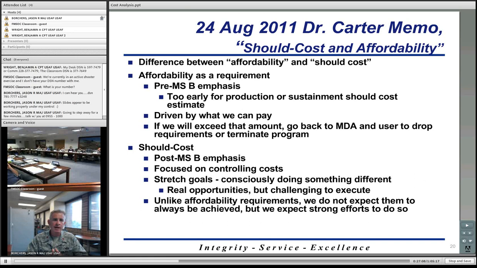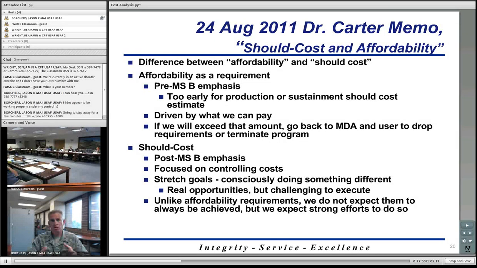It answers the question, how much technology can we afford? How much firepower, how much of an item can we afford? The amount of technology that's put in an item really is driven by what we can pay. So it starts earlier in the process.